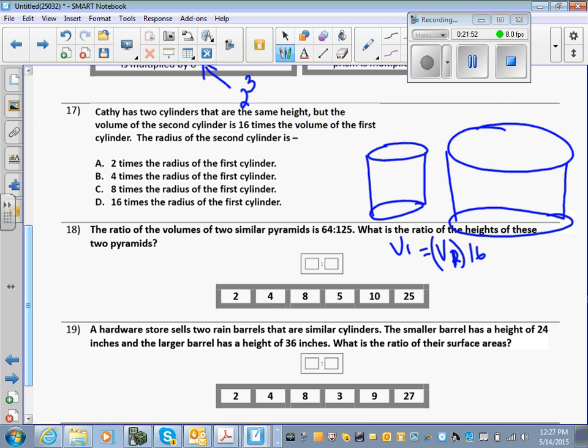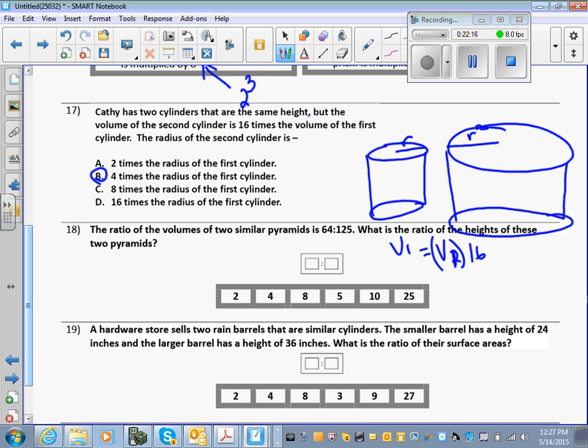Radius squared is what we have to use, so it's 4 times the radius of the first cylinder. 4 squared is going to give you 16. Since the radius is going to get squared, 4 times 4 is going to give you 16.